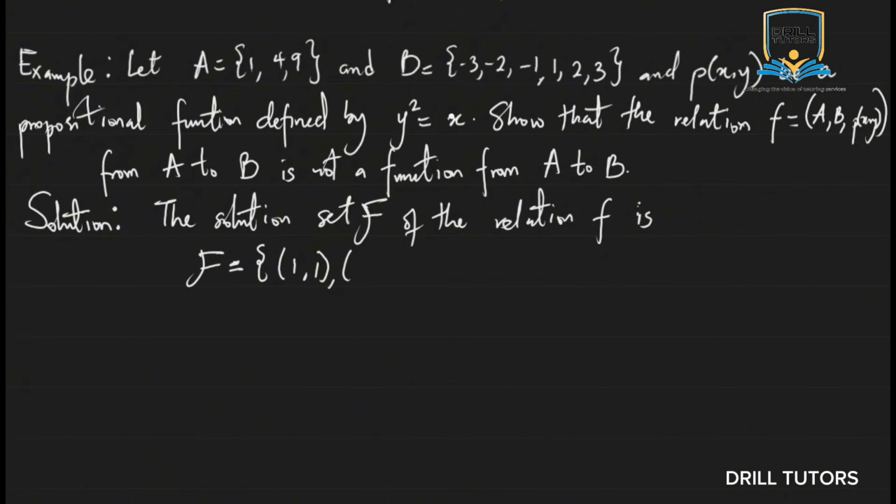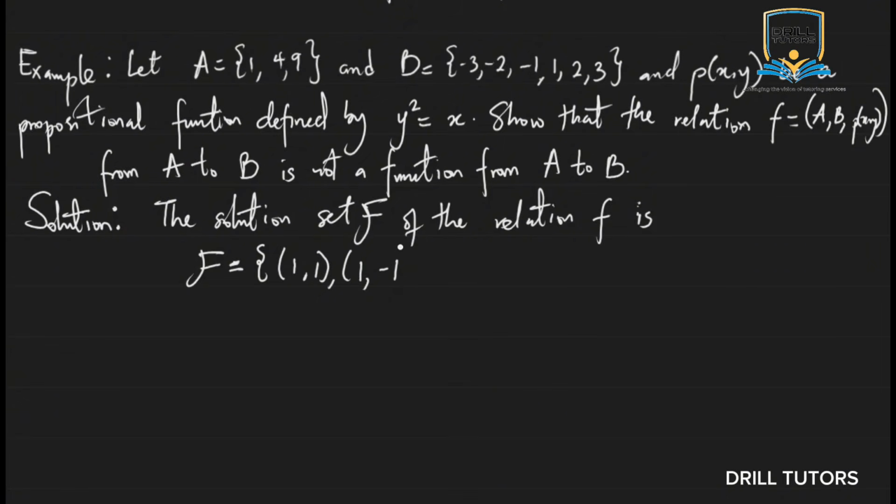Also, if you check 1 again, you also observe from the set of elements in B, you notice there is -1 here. If you put -1 into this, you also observe that -1 is also true. So I'm saying that when x is 1, y can also be minus 1. It is true.